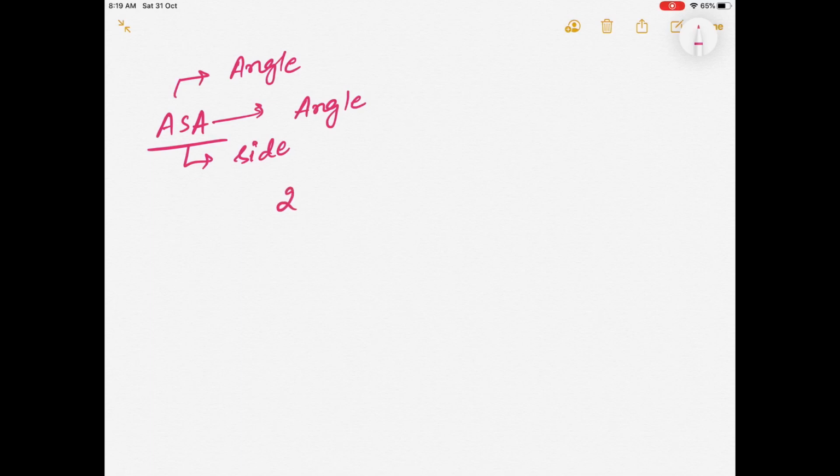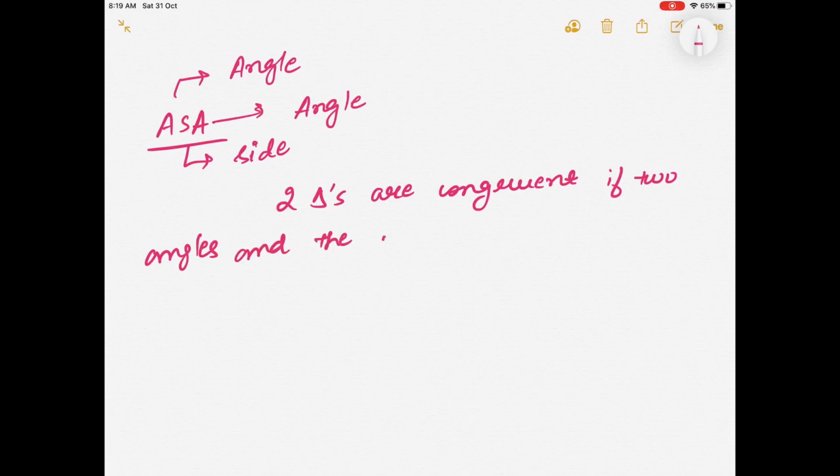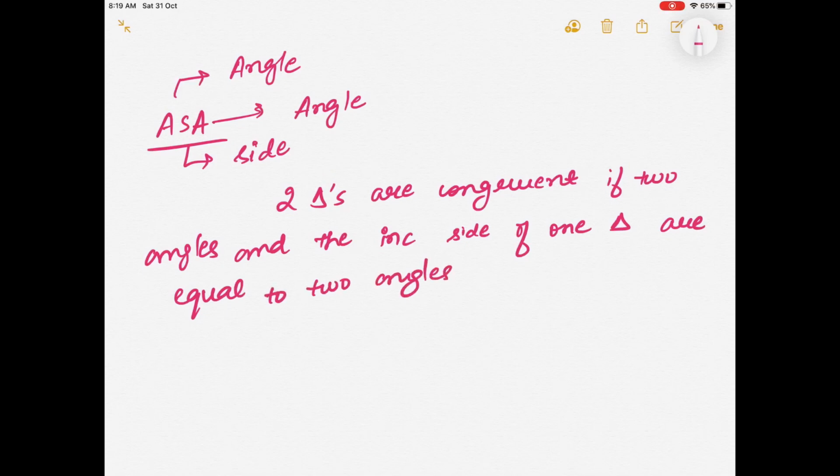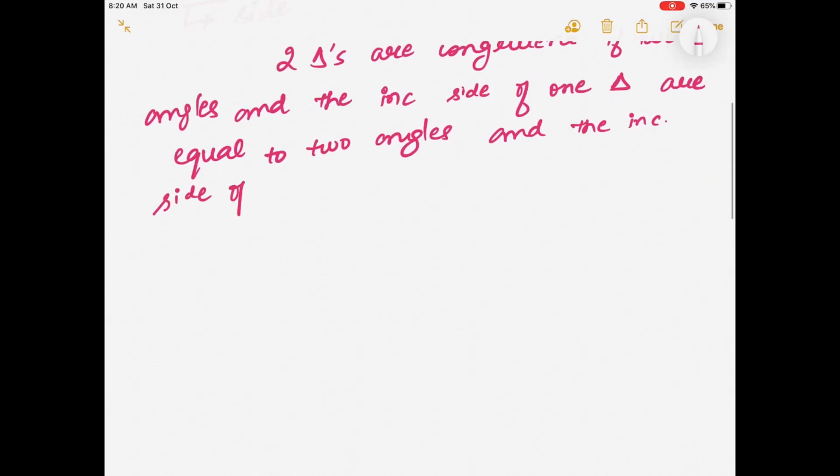This rule states that two triangles are congruent to each other if two angles and the included side of one triangle are equal to two angles and the included side of the other triangle.